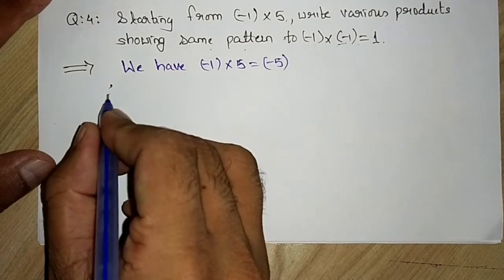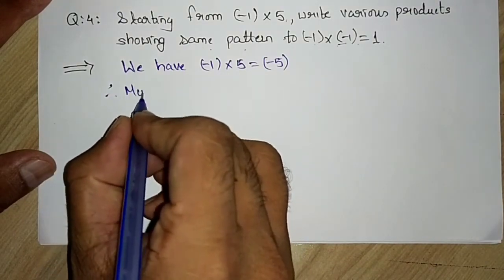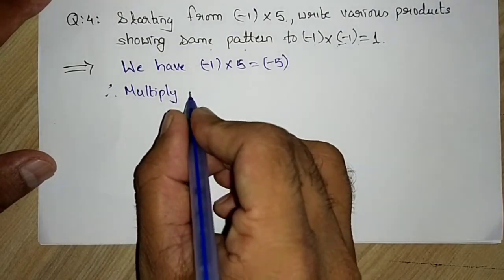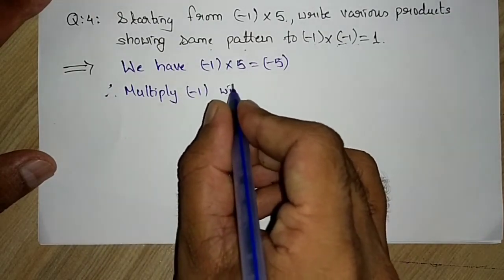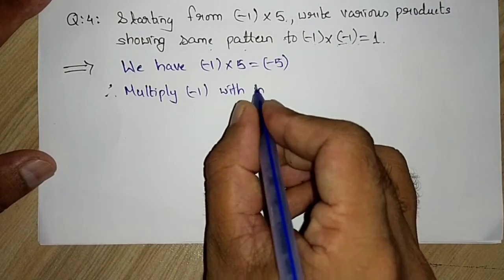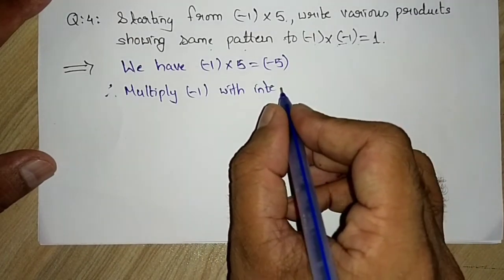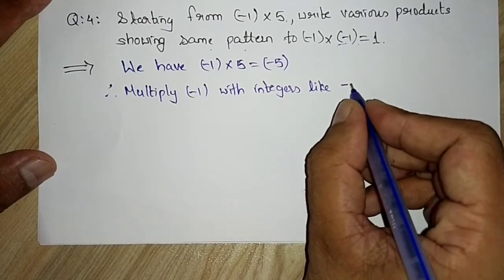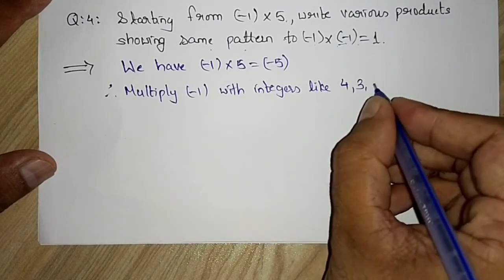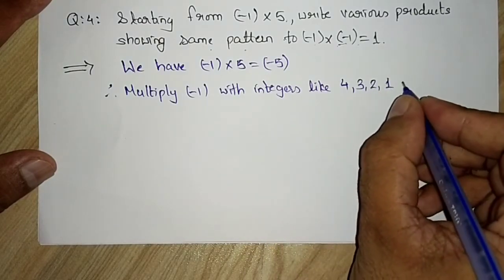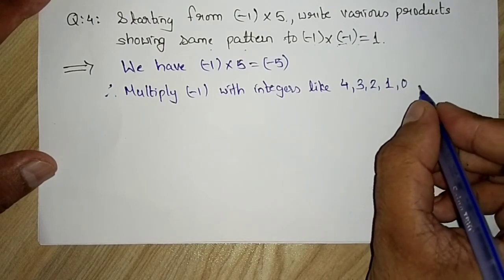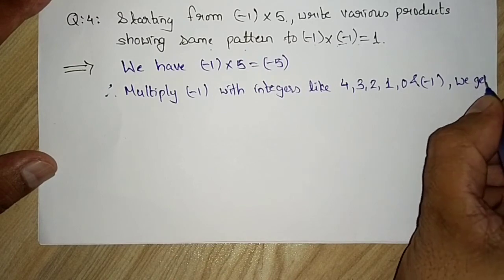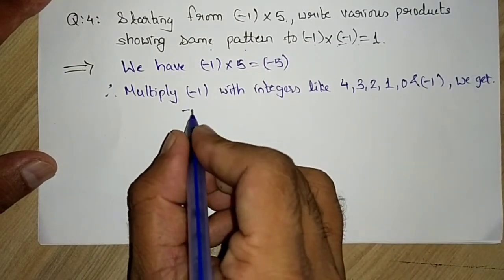So we will write, therefore, multiply minus 1 with integers like 4, 3, 2, 1, 0 and minus 1. What will we get?